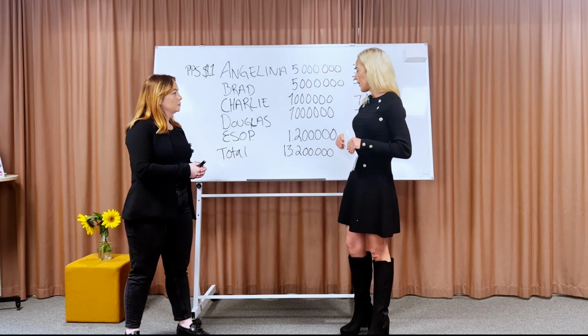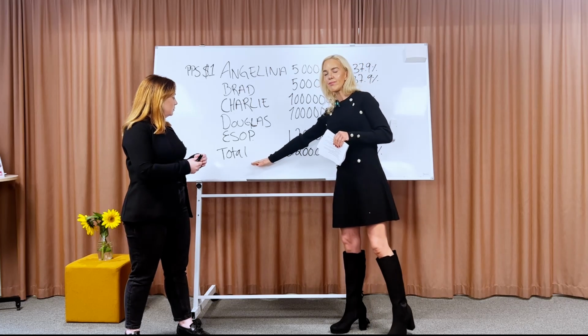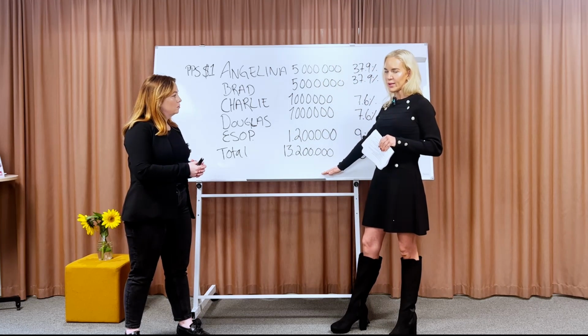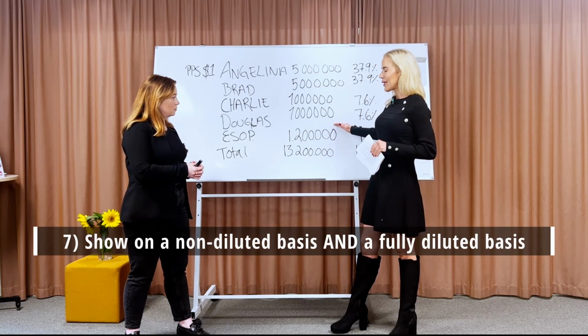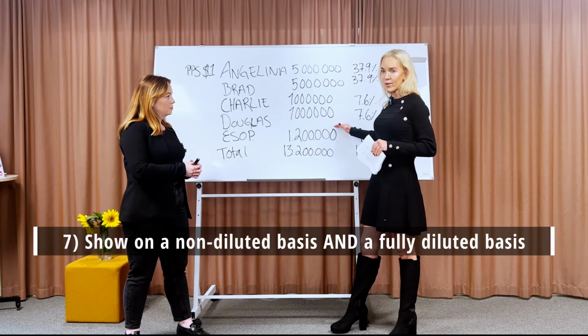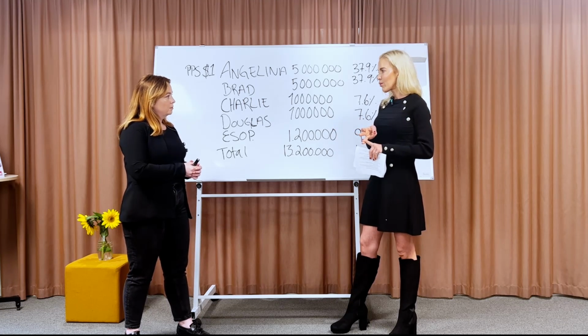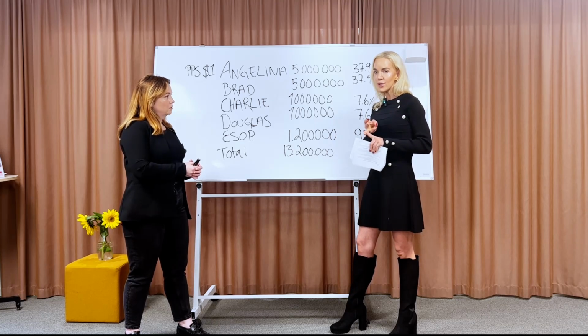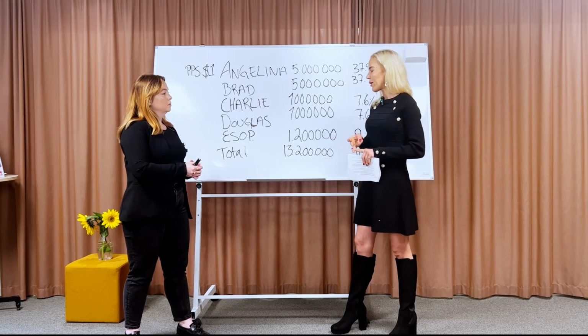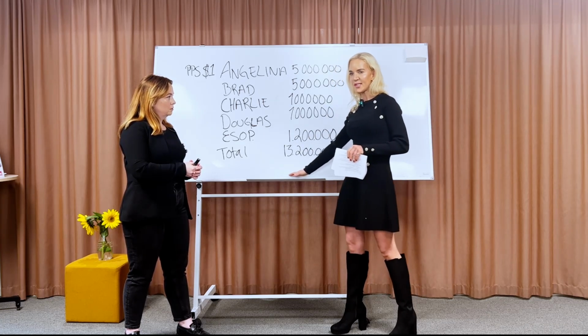Number seven, that's what we talked about here. That be clear, so it's easy to read both on a non-diluted basis, because that's really important to know who has the voting rights, who has the control today, what will the economic rights look like today, and also be very clear on a fully diluted basis.